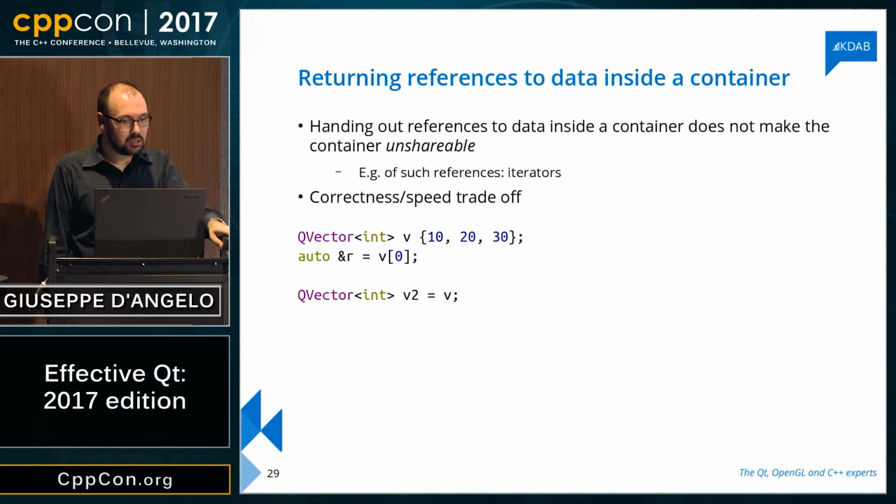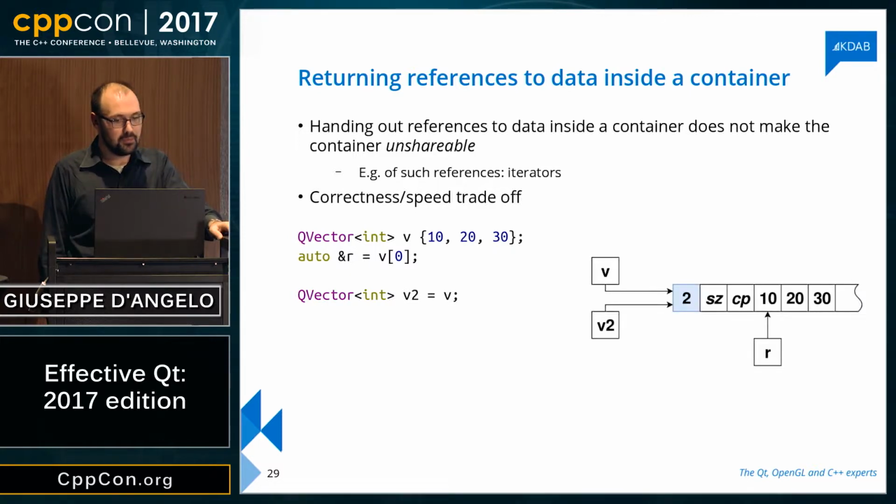Here I create a vector with 3 elements, and I take a reference to the first element of that container. That's safe, that's okay. Then I copy the container. What's the situation at this point? The situation looks like this. I've got 2 vectors, v and v2, pointing to that shared segment with the ref counter at 2, and r pointing into the shared segment.